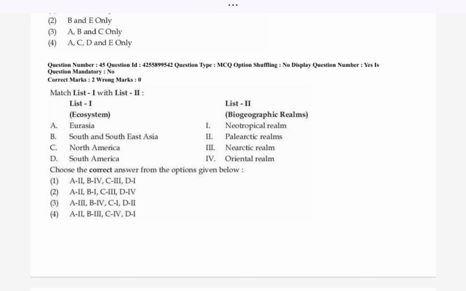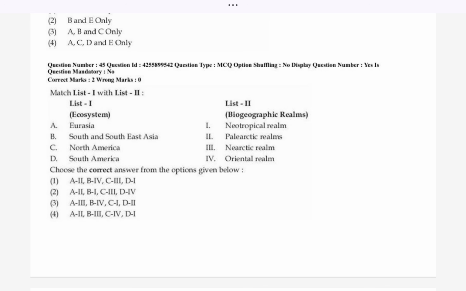South and Southeast Asia is the Oriental realm, 4. So the answer here is A. North America is the Nearctic realm. South America is the Neotropical realm.